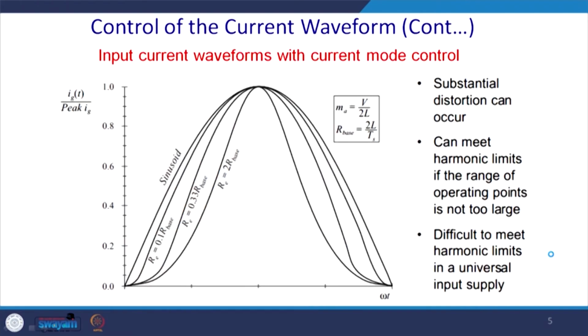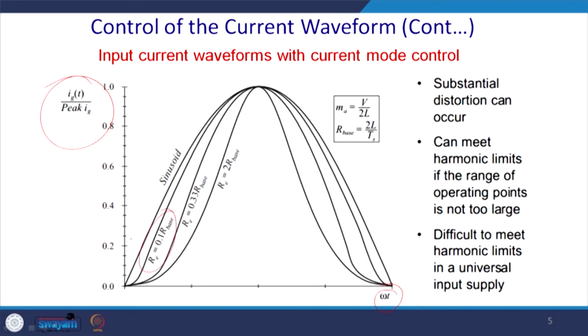So, let us see. We have considered Ig by I peak as a normalized value. This is the input current waveform with the current mode control, with respect to omega t. This will be sinusoid, and it will be close to sinusoid.